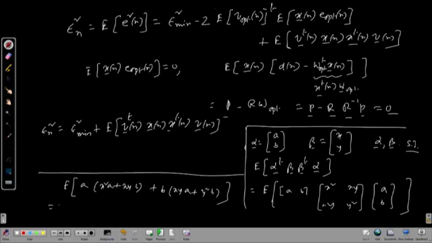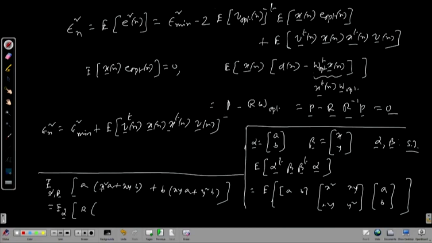You will see the same thing if I keep one E, with respect to both alpha and beta. Suppose I keep E with respect to alpha out, so keep it as it is.